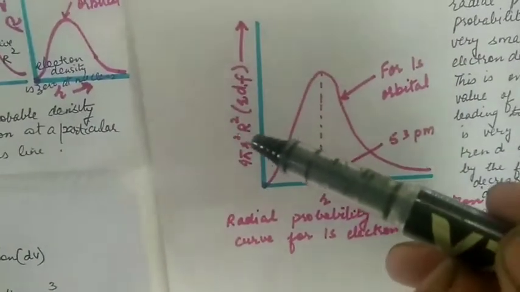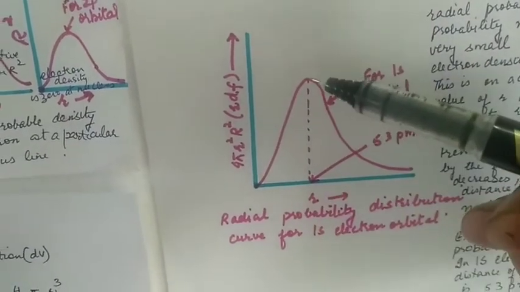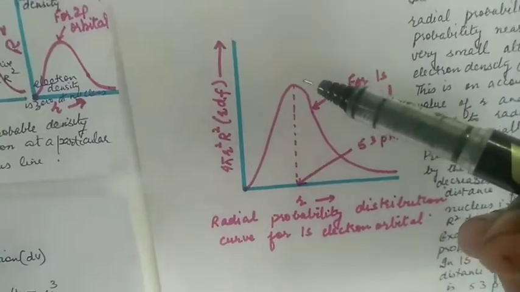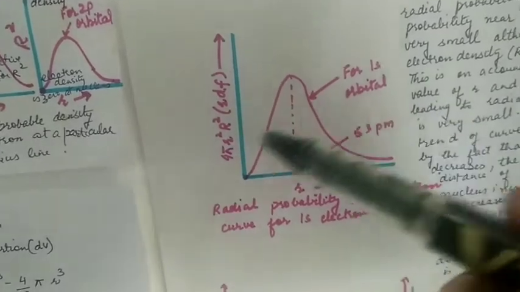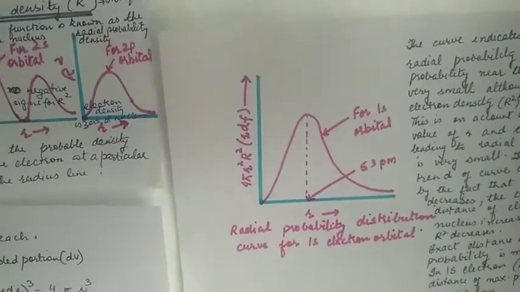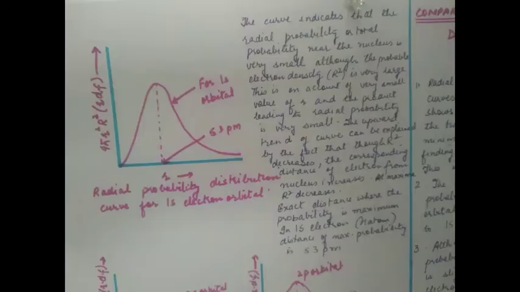As the r goes on increasing, the maxima goes upwards, and after reaching the maxima, the curve again goes down because the value of this psi square will decrease as we move further. You can pause and note down the behavior.